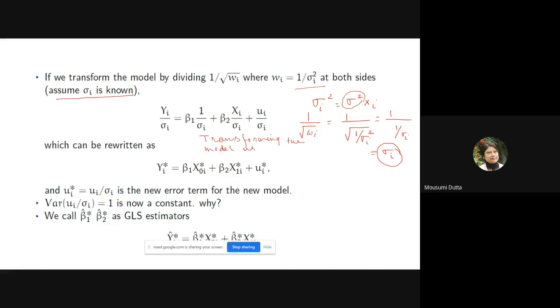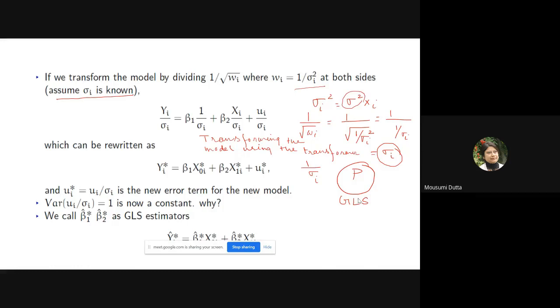Using the transformer. Last class I talked about P. I talked about P in the context of GLS. P is the transformer.